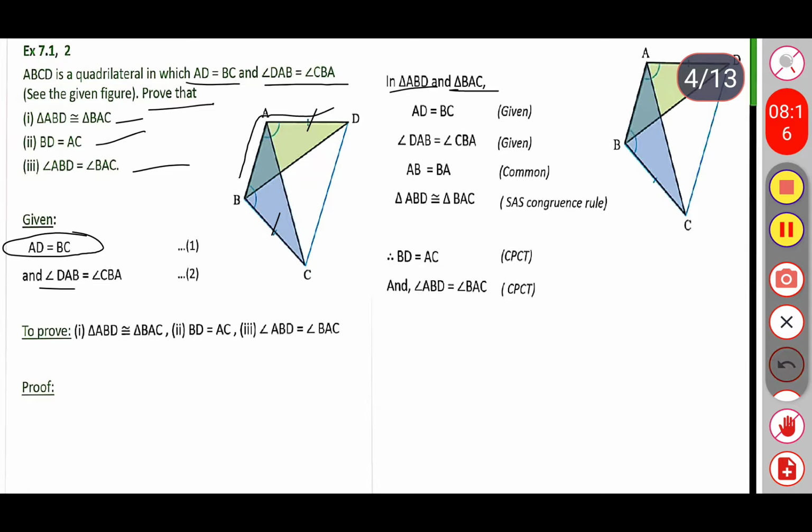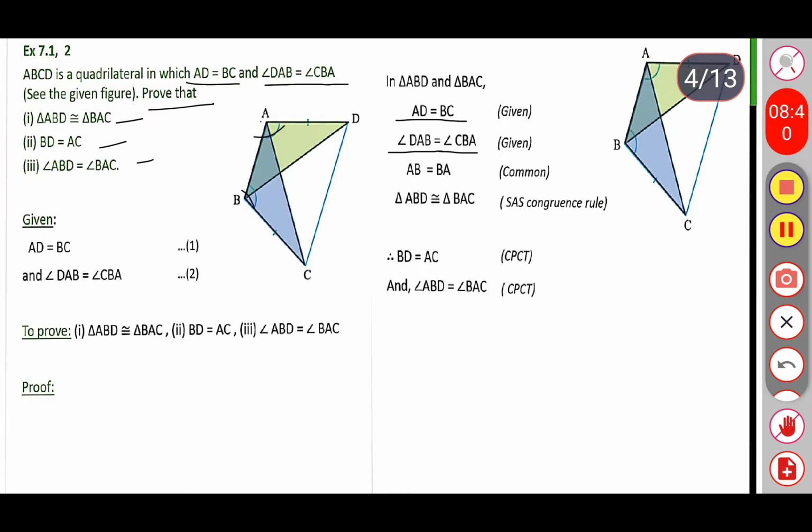So these two are the two triangles. So in the two triangles, AD is already equal to BC. It is already given in the question. And one more data is given here, angle DAB is equal to angle CBA.